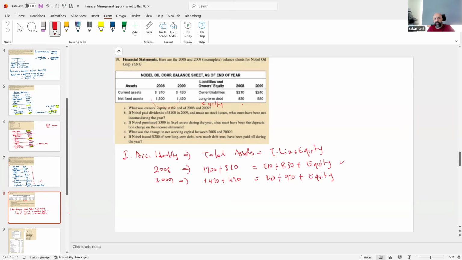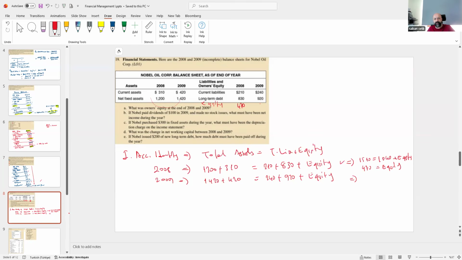This is going to be from this one, 1,510 should be equal to 1,040 plus equity. And from this, it's going to be 470 is the equity. So equity here is 470.